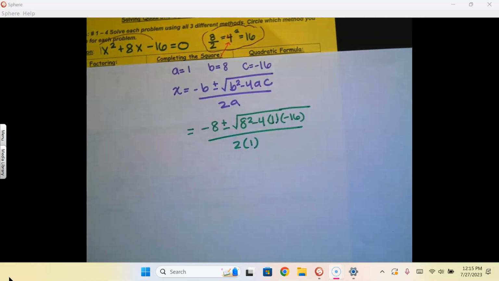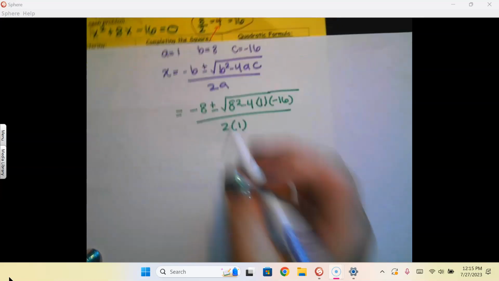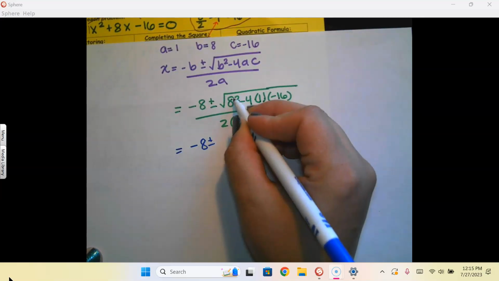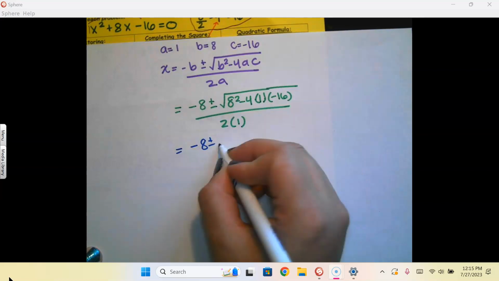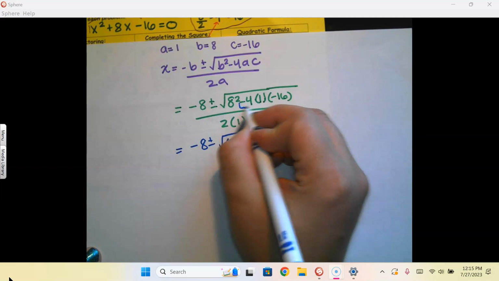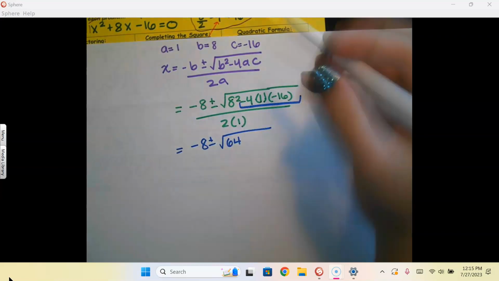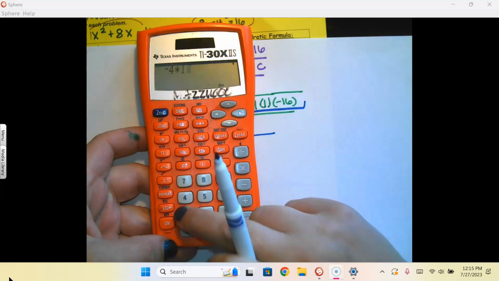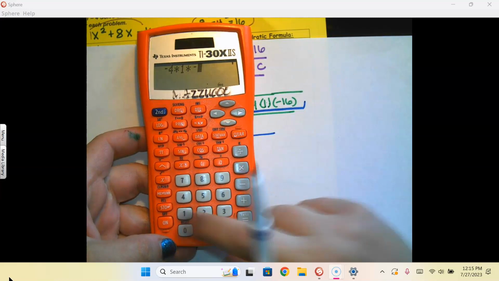Okay, so now we're going to simplify the quadratic formula. So order of operations, we do the inside of the radical first, so exponents first. So 8 times 8 is 64. And then this part right here, this is going to be a negative 4. So when I enter it in my calculator, I'm doing negative 4 times positive 1 times negative 16.